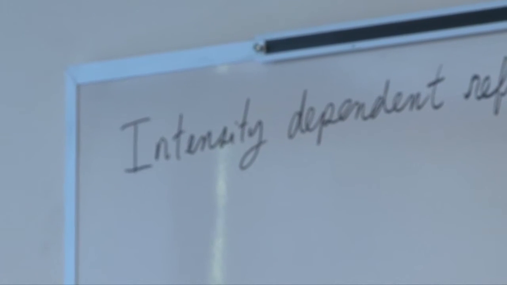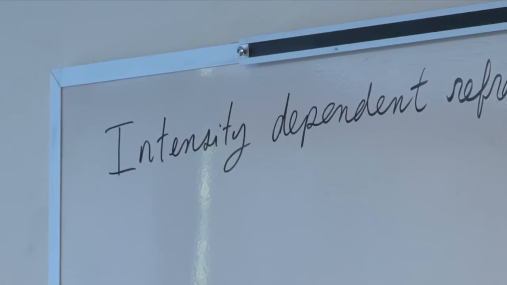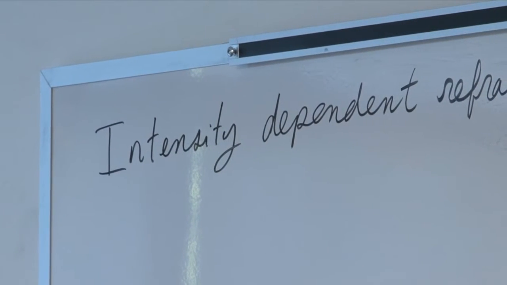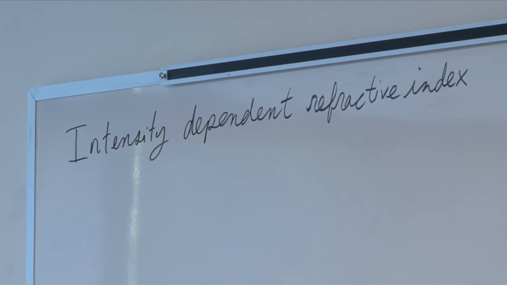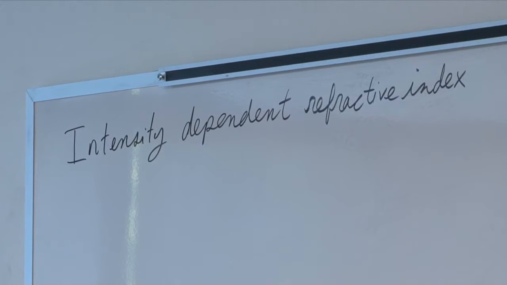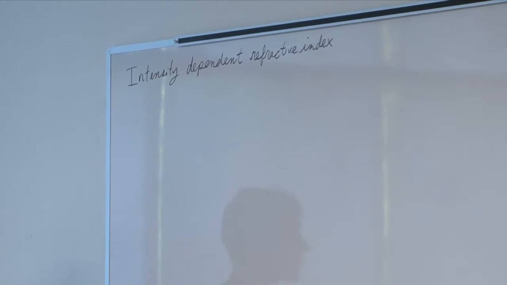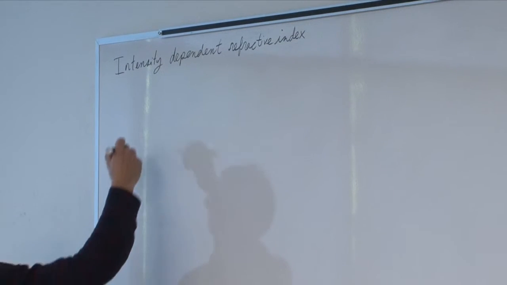As the name implies, some materials have the property that the value of the refractive index changes depending on the intensity of the light that travels through it. One of the earliest ways of representing this is as follows.